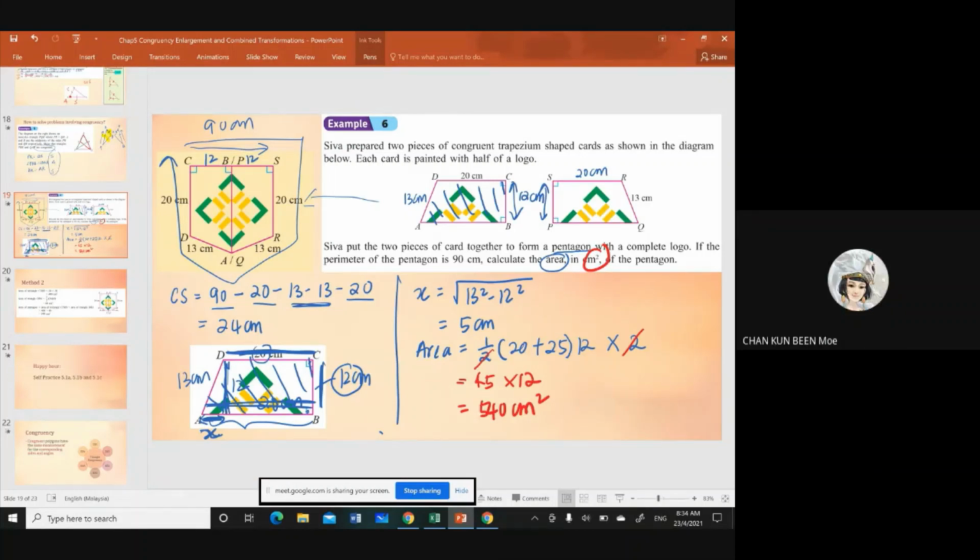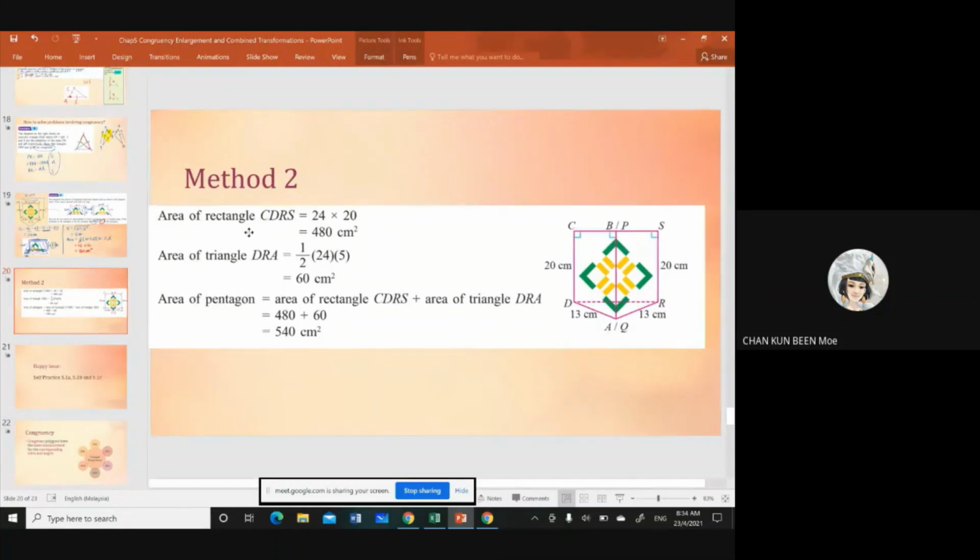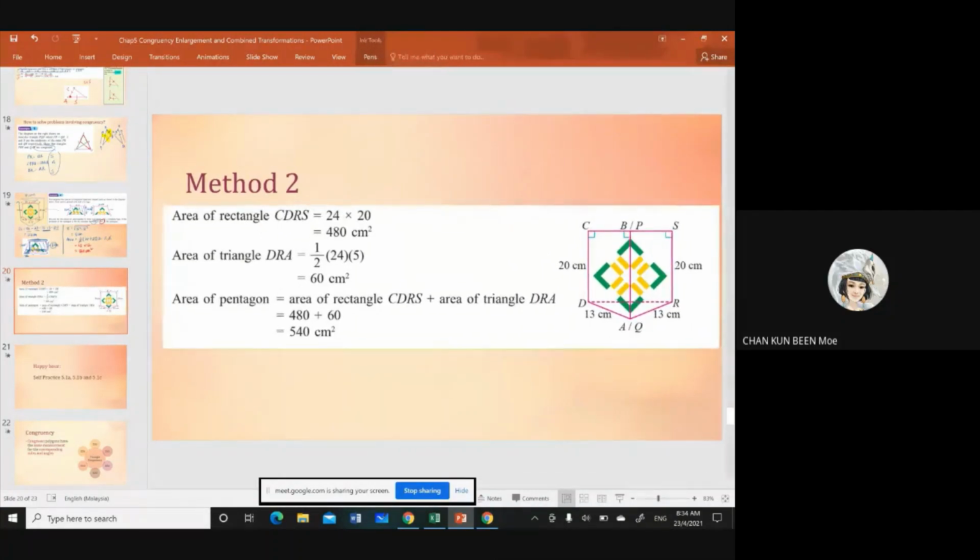Okay, there is another method that is shown in your textbook. This is the one. So you also can use this method whereby they divide it. They get the rectangle of CDRS, the big rectangle. They get this area first, which is 20 multiplied by 24.